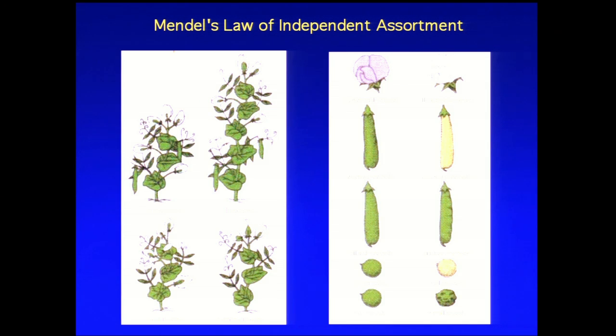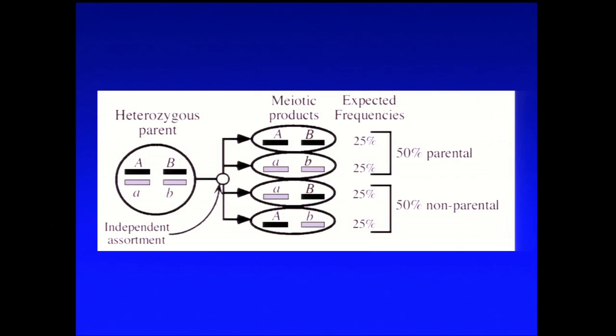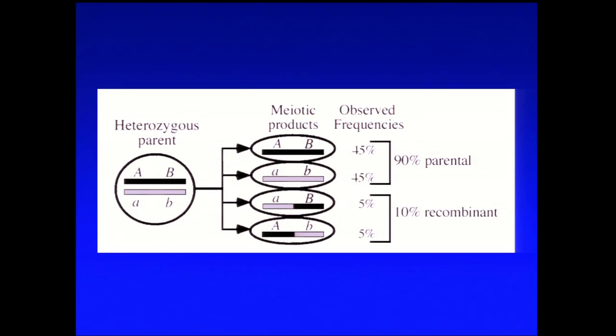But we know that independent assortment is not necessarily the case for many traits, because traits do lie on the same chromosome. For genes on different chromosomes, we get independent assortment, but genes on the same chromosome, by definition, do not sort independently because they are in the same unit of inheritance.